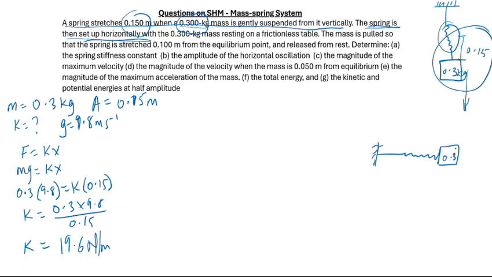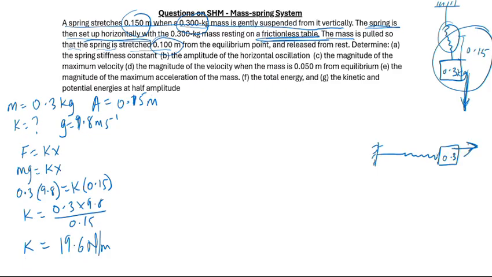And remember that since we have slanted it and we put it on a frictionless table, it means that the force on this guy is not gravitational force again. Now the mass is pulled, the spring is stretched 0.1 meter from the equilibrium position. Now it is being pulled like this. Remember, it's not pulled downward because it's not gravitational force that we are talking about. So we are talking about the applied force here, which is being pulled like this.